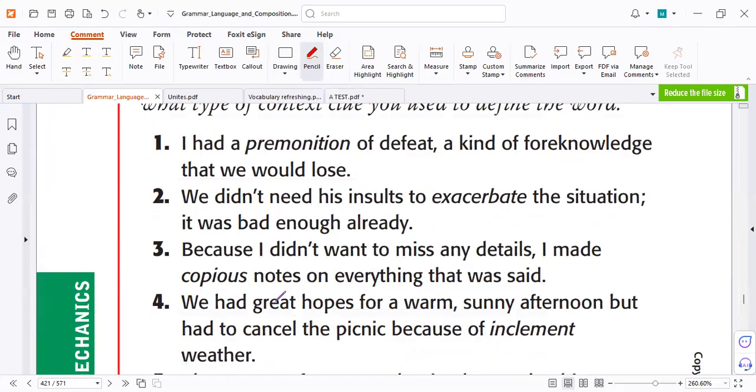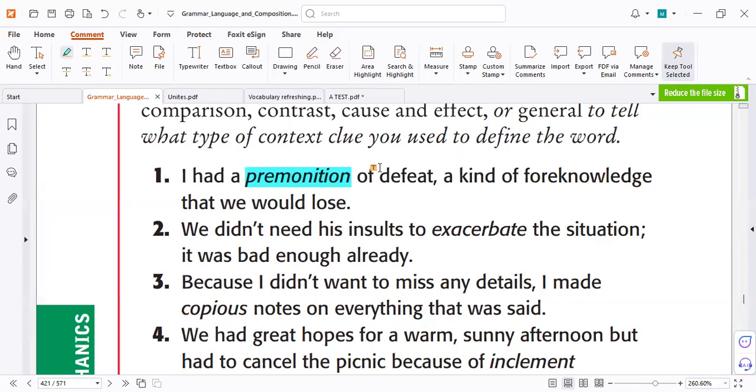Now, I'm trying to give an example. For example, premonition. Later we'll have some techniques, but now try to guess. "I had a premonition of defeat," and the comma. This comma tells you that this is additional information to describe something before.